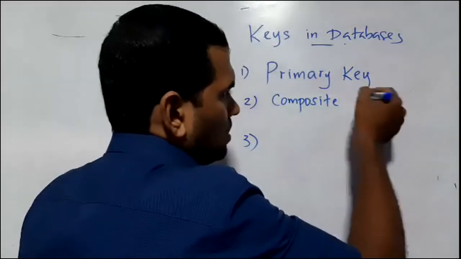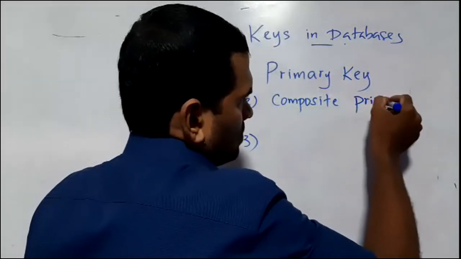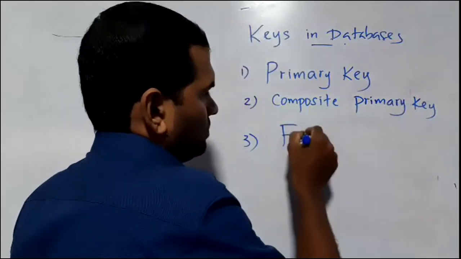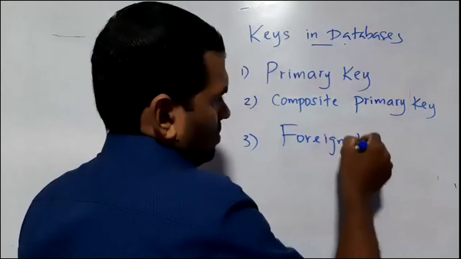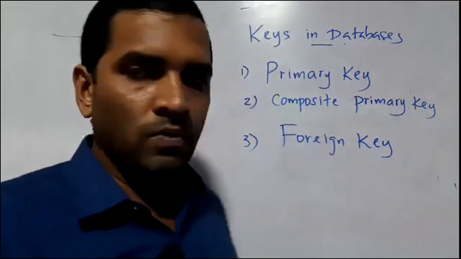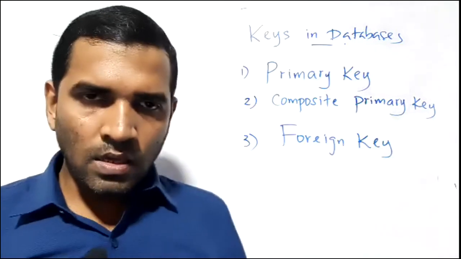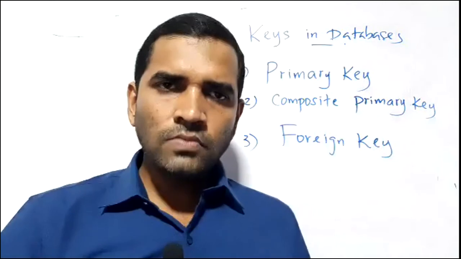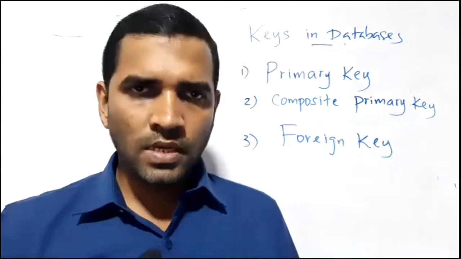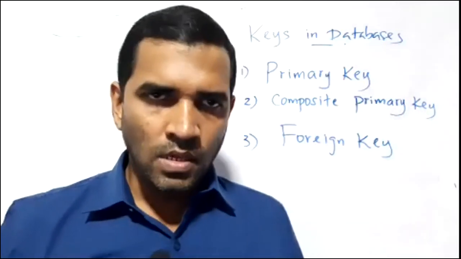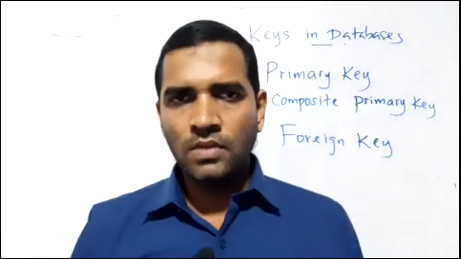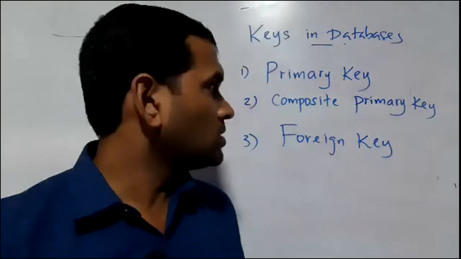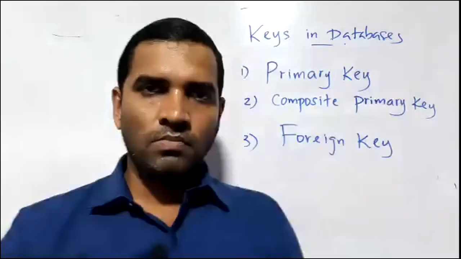Doesn't matter, composite key or primary key. Finally, foreign key. So these are nothing but fields, but these fields can do some special tasks for the databases. That may be the reason why they get special names like primary key, composite primary key, and foreign key.